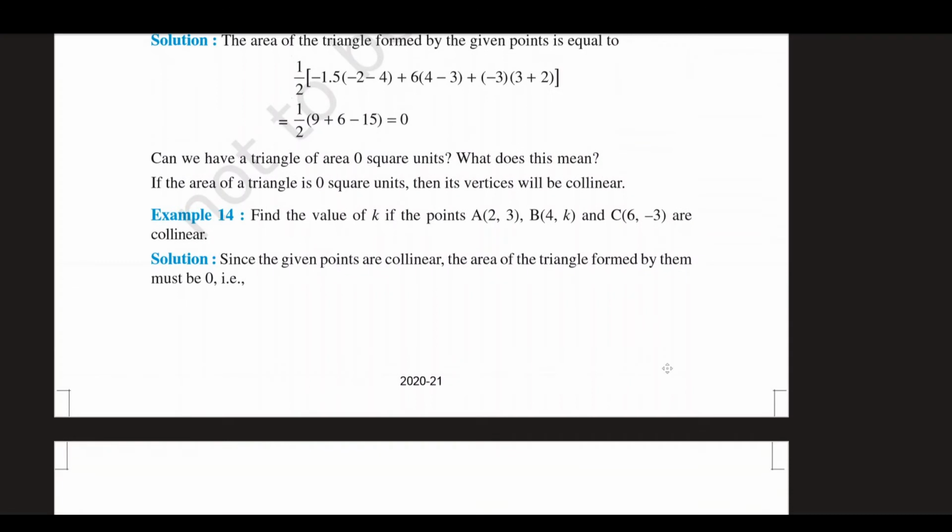It says that we have to calculate the value of k such that these 3 points are collinear. The theory behind this question is this: suppose A, B, C are these points.